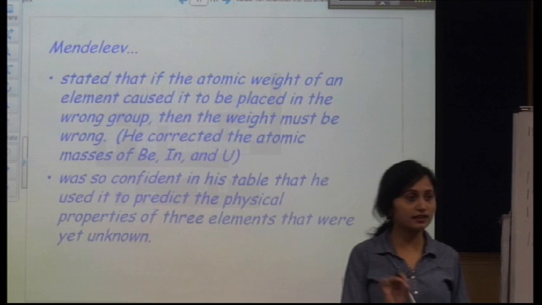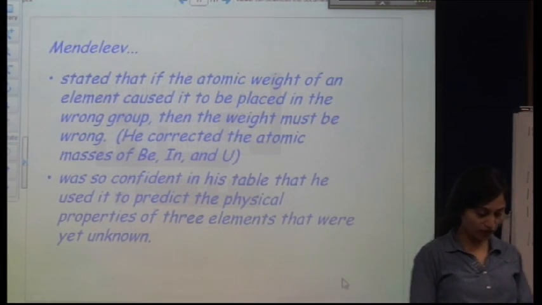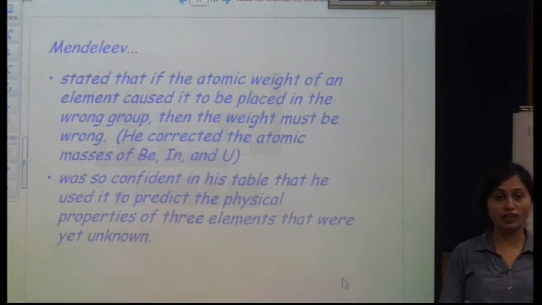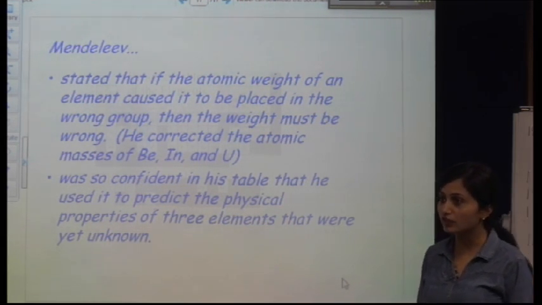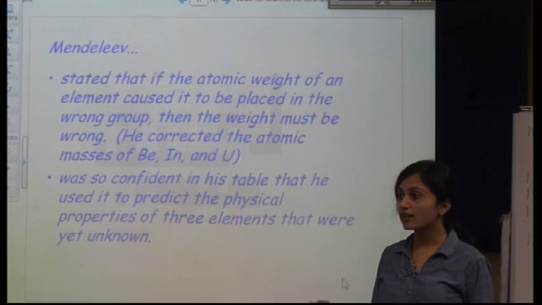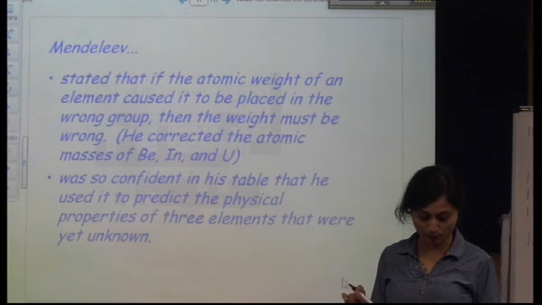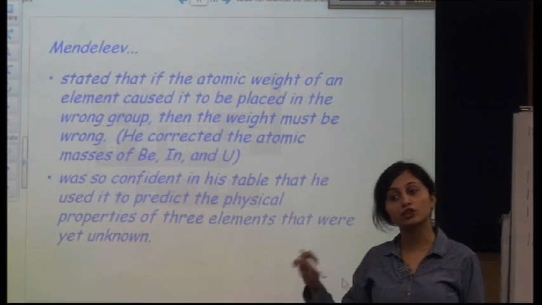He basically talked about the arrangement in terms of atomic masses only. He gave his periodic law, which states that the physical and chemical properties of the elements are a periodic function of atomic weights. Learn it right here, right now.